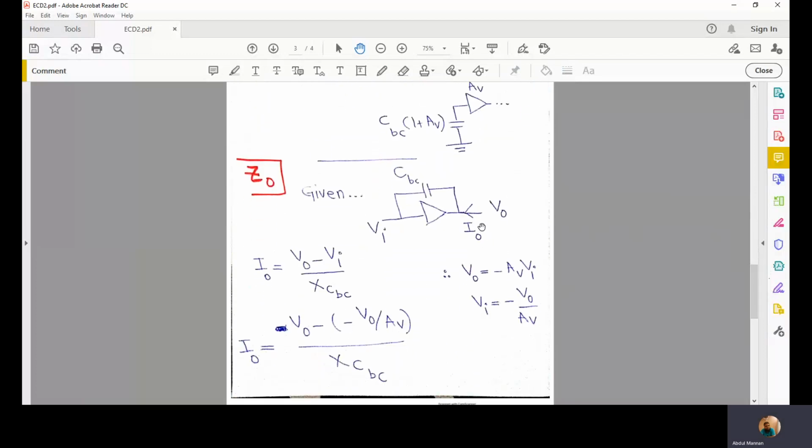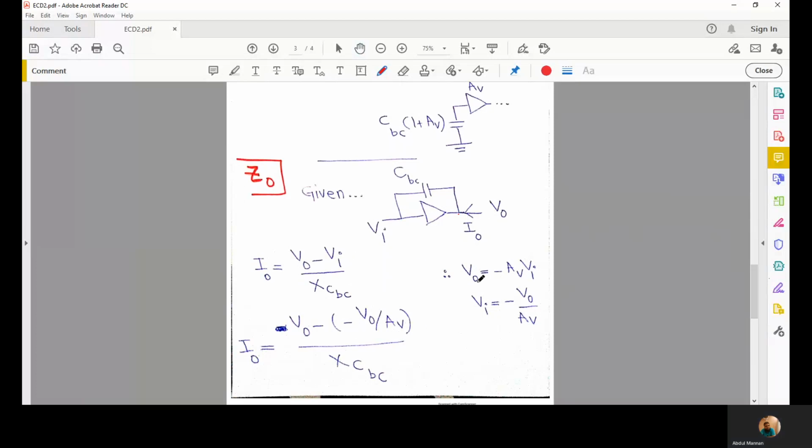If I out is the current flowing from V out to VI, this means the output node will assume a voltage higher than the voltage of the input node. Therefore, the current I out would be V out minus VI divided by XCBC.